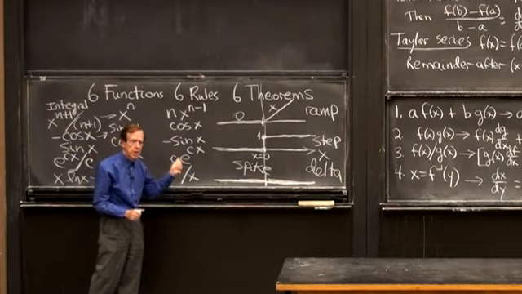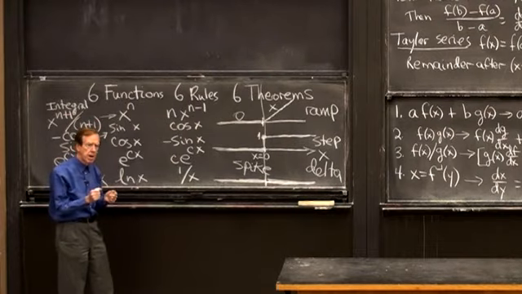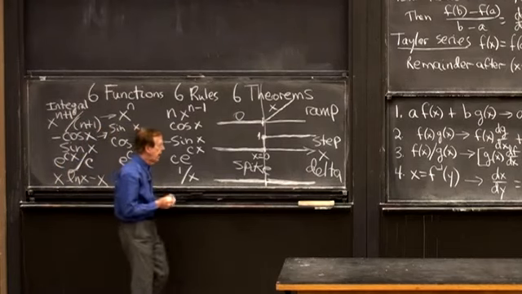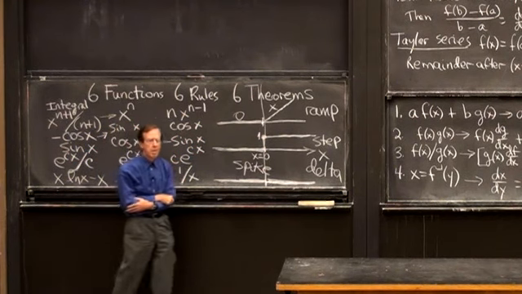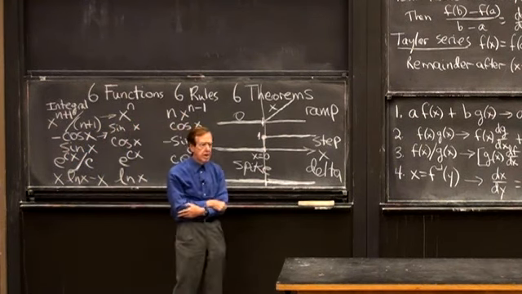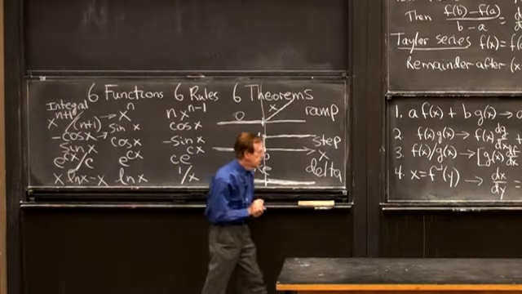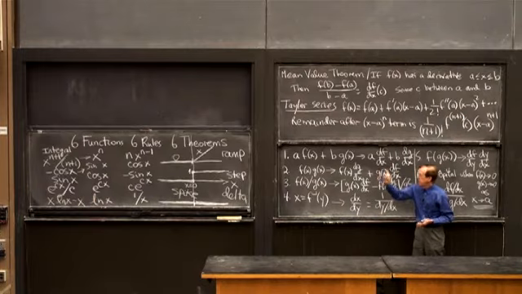But actually, that's very useful. It's a model for something that happens very quickly, an instant, an impulse. And so I'll leave it there. But I'll go on. So if you don't like it, you don't have to look at it. Okay. So those were the 6 functions.